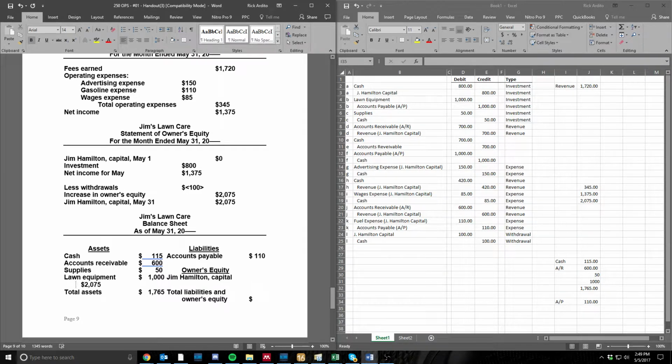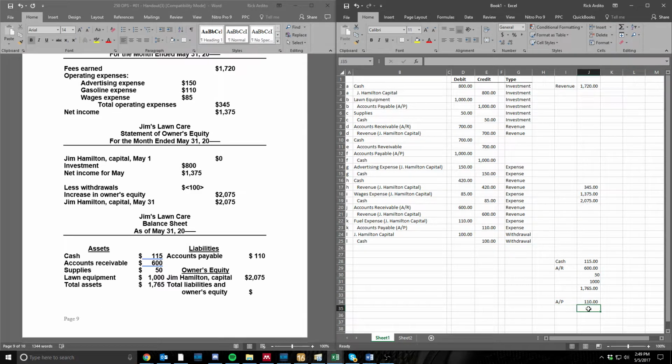Oh, come on. There we go. Okay. So that means our total would be equals this plus this. Our total would be $2,185. So let's find out why we're not in balance.